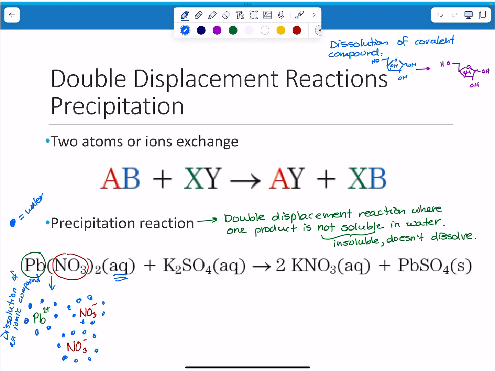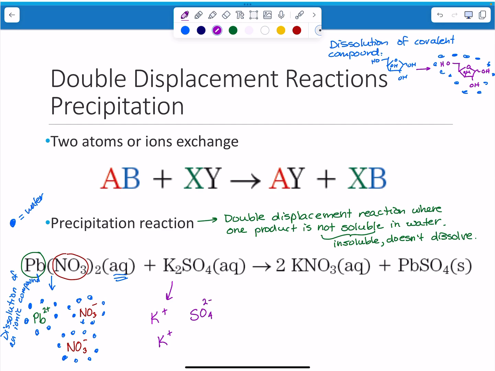But it's going to be surrounded by water molecules instead of packed against other sugar molecules, okay? All right, so when we talk about precipitation reactions, we figure out what we have in solution. So in this case, we've got our potassium ions, okay, and our sulfate ion.